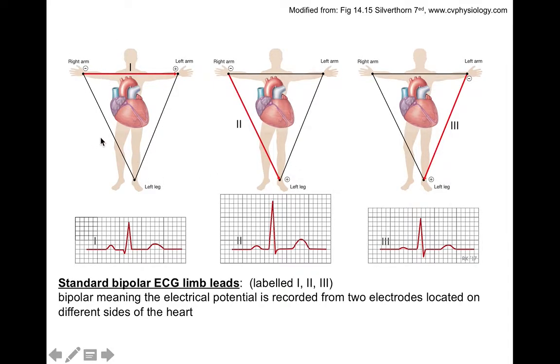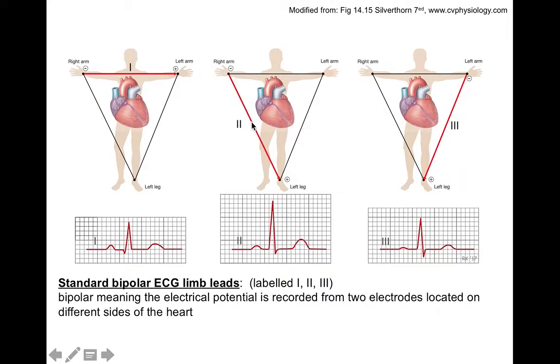So in the first arrangement, you can see the positive electrode is on the left arm, the negative electrode is on the right arm, whereas the left leg is the ground electrode, and it's measuring electrical activity from the right to the left direction. So you can see the direction of this red arrow.